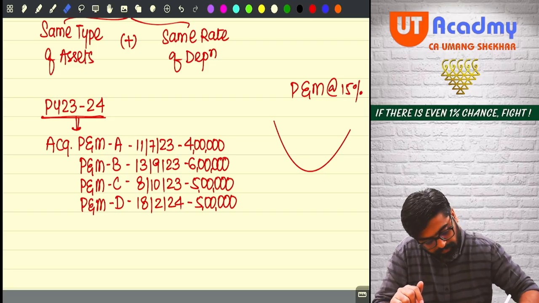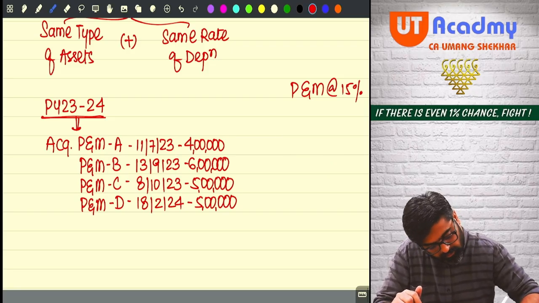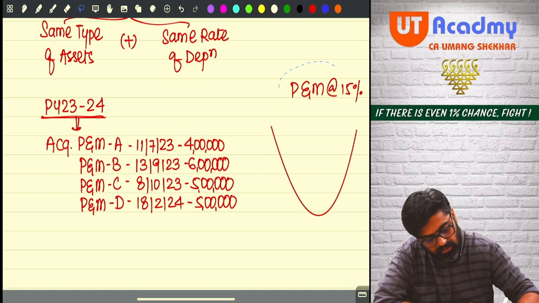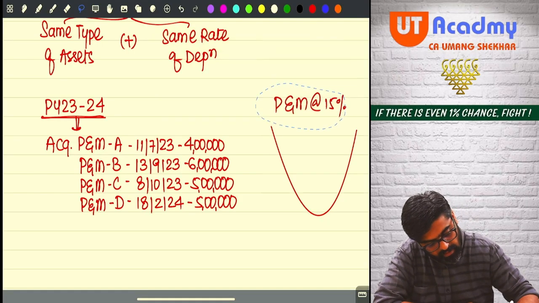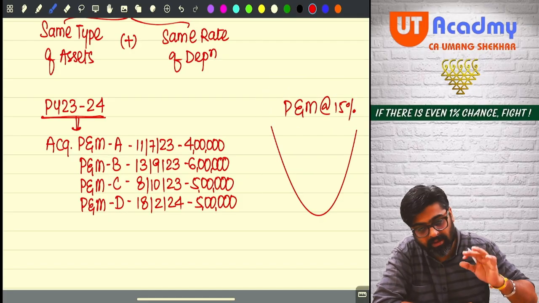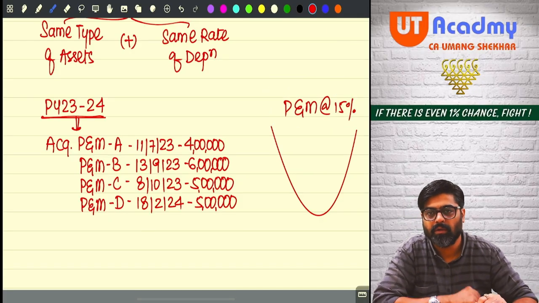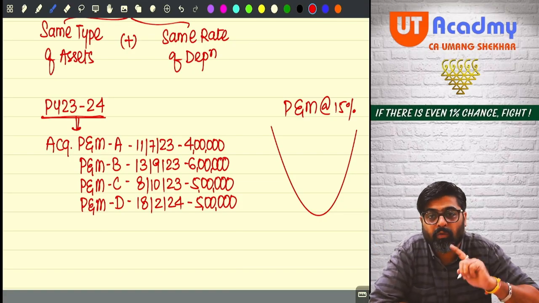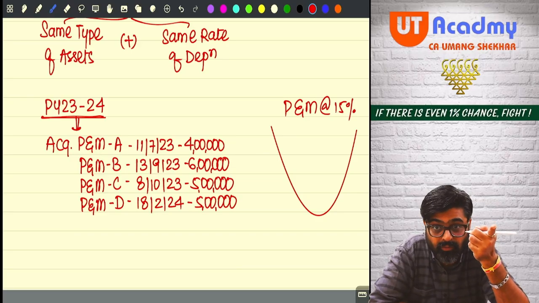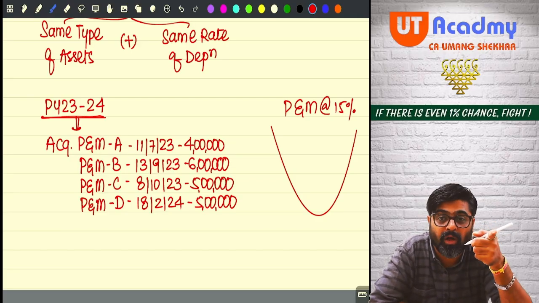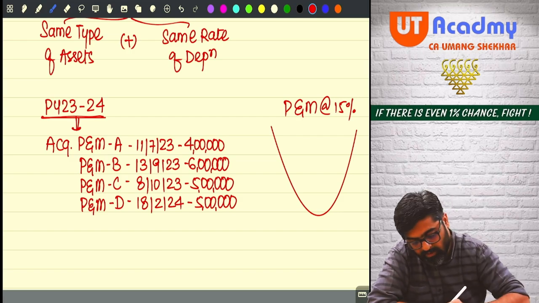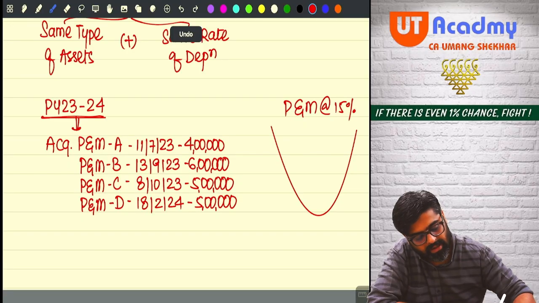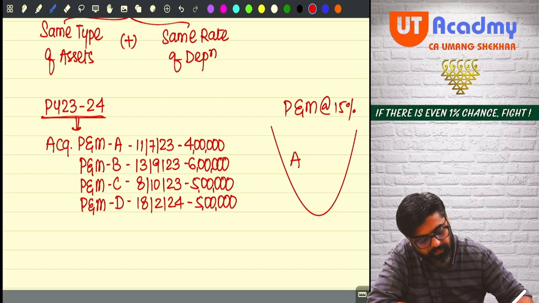Now tell me, this plant and machinery basket which I have created, on what date did I make this block for the first time? The moment I acquired plant and machinery A, I would have to make this block. Now in this block, this plant and machinery A will go. A's identity gone.